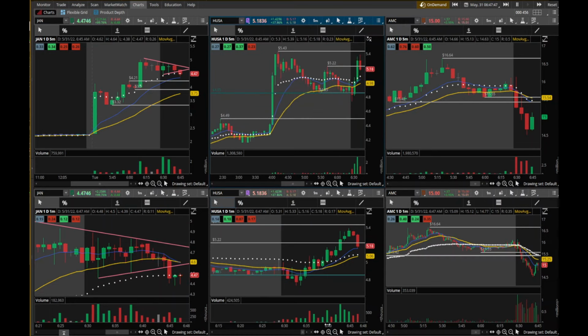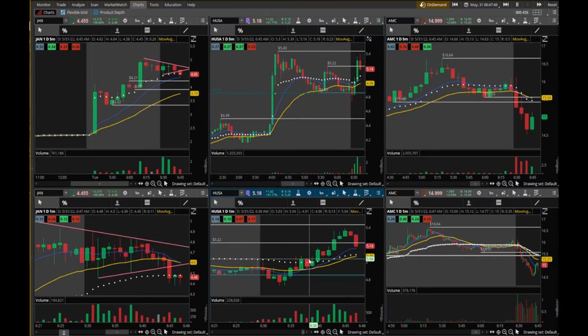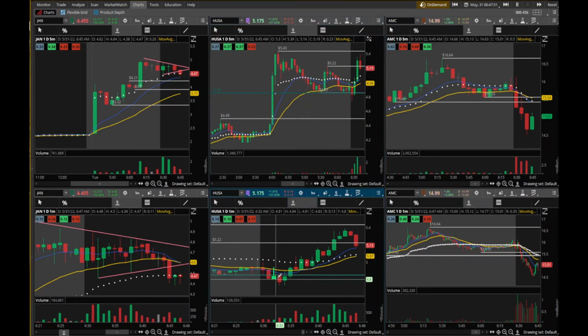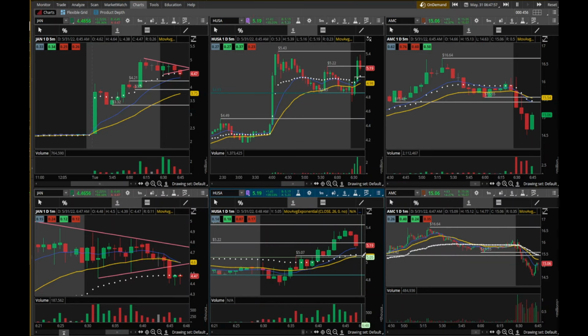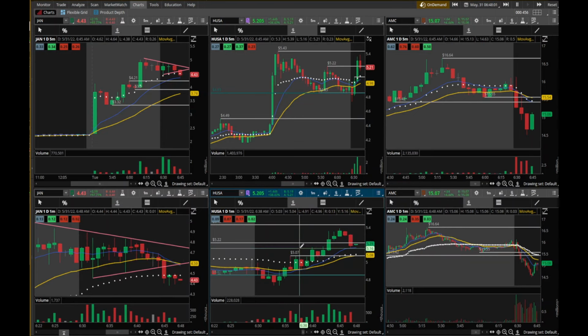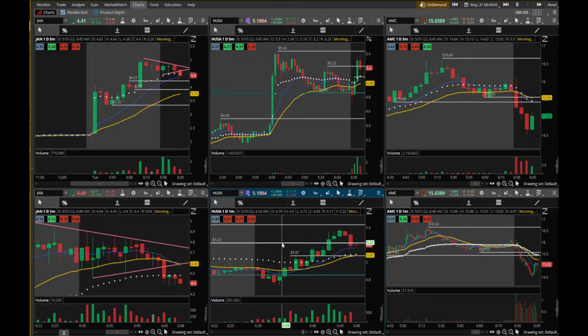So maybe finding an entry down here somewhere. I'm just not exactly sure where. You had this pivot right here, and that's right where the VWAP is. Maybe that's a trade. Certainly didn't respect this pivot right here, so I'll get rid of that.